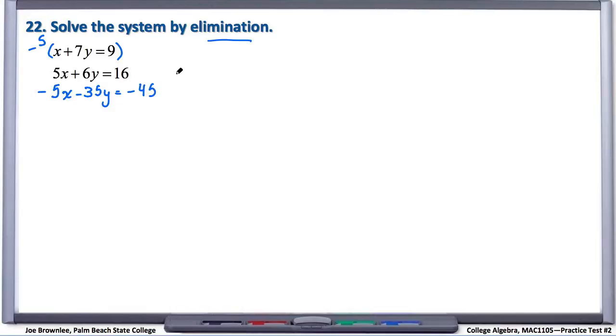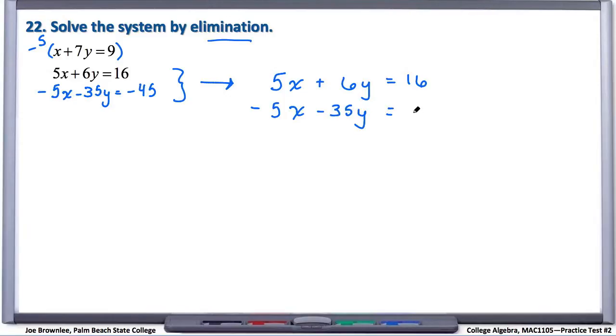And so I'm going to go ahead and actually rewrite this system with our multiplication. So we had 5x plus 6y equals 16, and then negative 5x minus 35y equals negative 45.